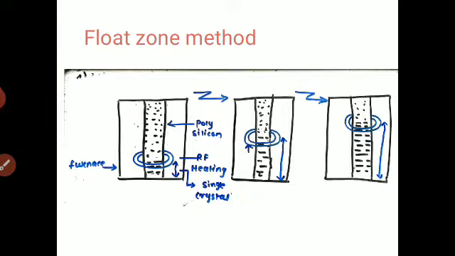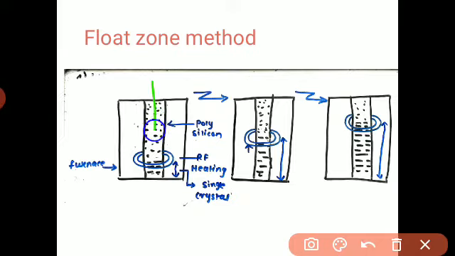So now we come up with a new method where we do not use any crucible. We use a furnace. In this furnace, we put a polycrystalline rod in a vertical direction, and from the bottom side we put a single crystal, and we use an RF heating mechanism. We want to melt the polysilicon so that the atoms of polysilicon get connected to the single crystal's dangling bonds.